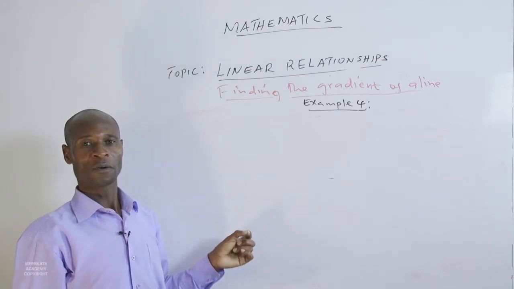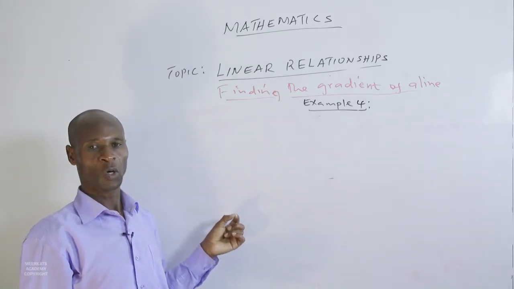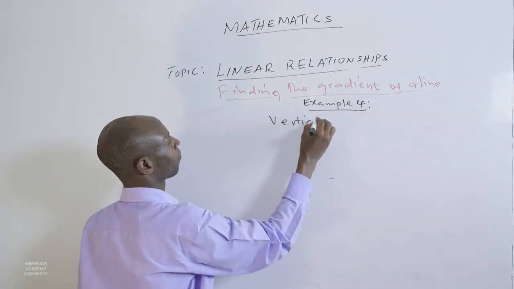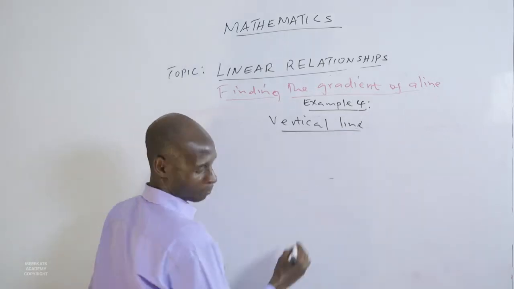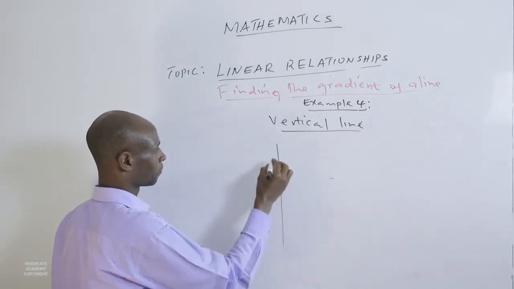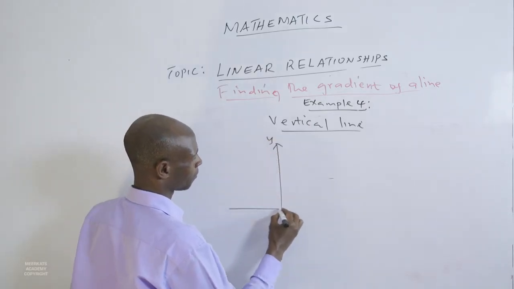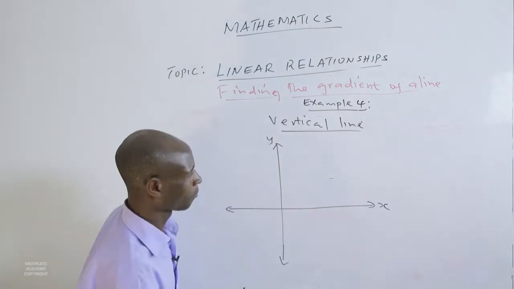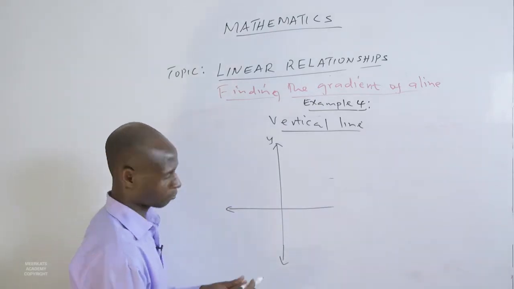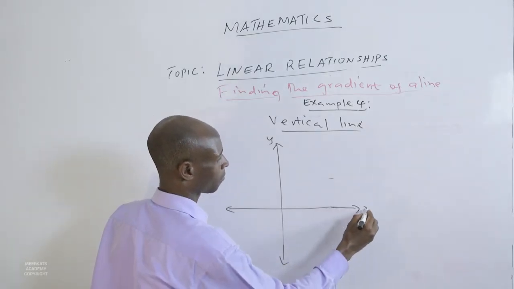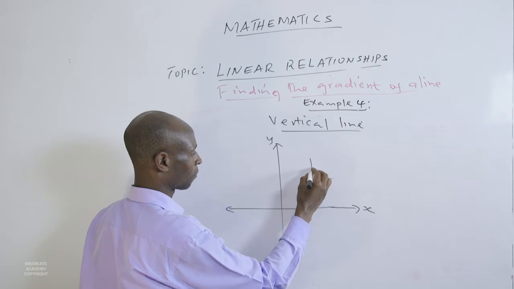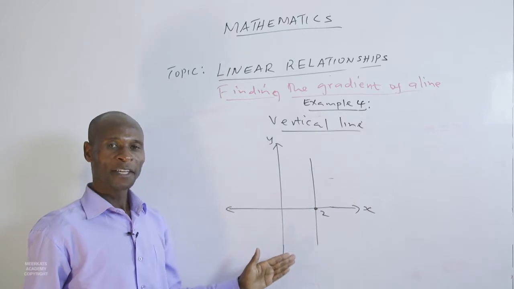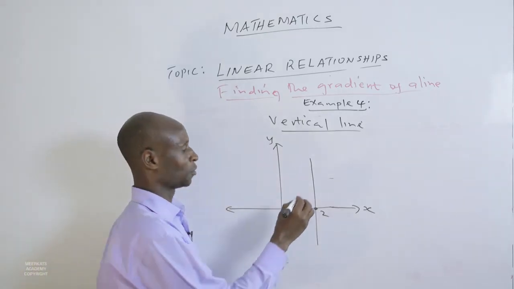So in example 4, we want to look at the gradient of a vertical line. So our vertical line is the line x is equal to 2.